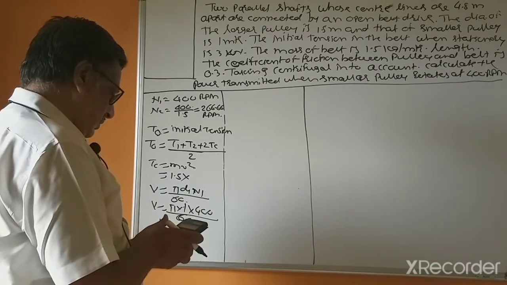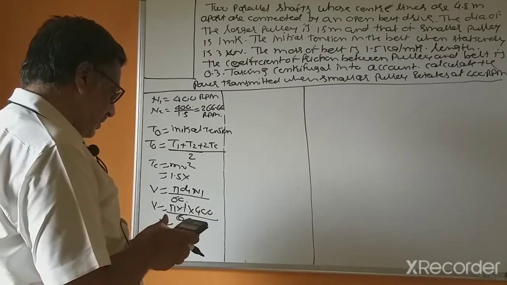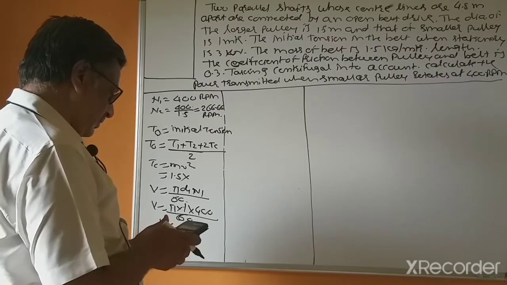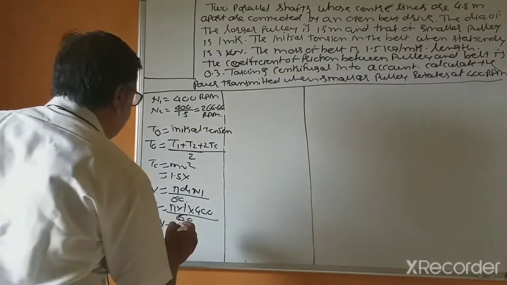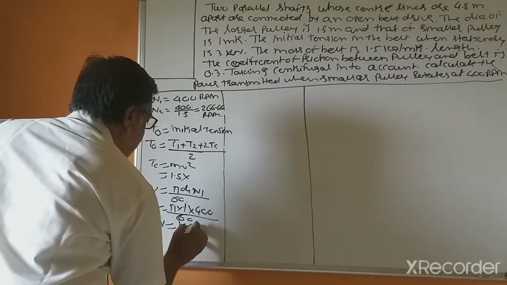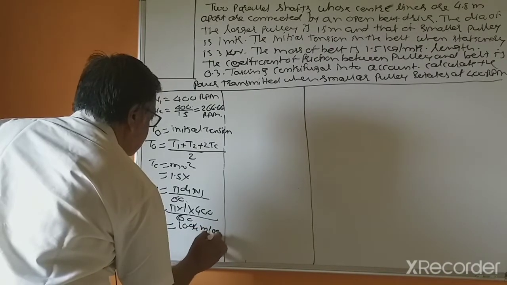(400) multiplied by 5 divided by 60, v = 20.94 meter per second.